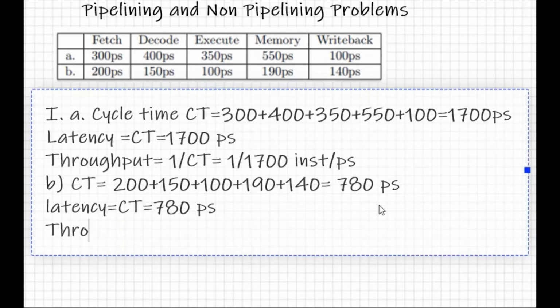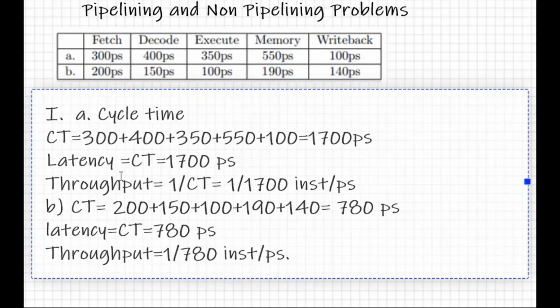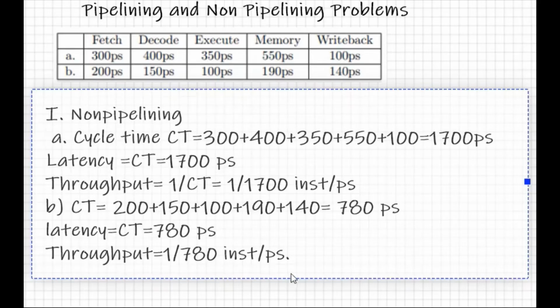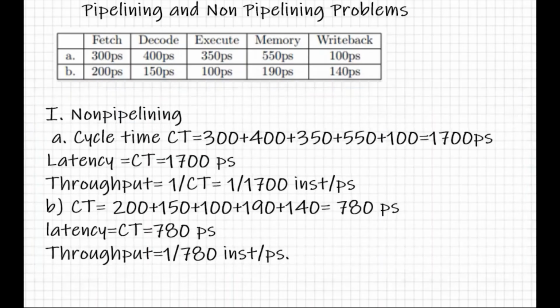Throughput is equal to 1 upon 780 instructions per picosecond. This was for the non-pipelining system.